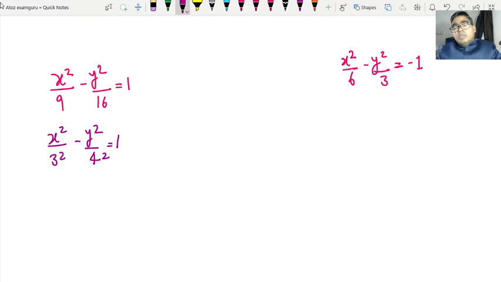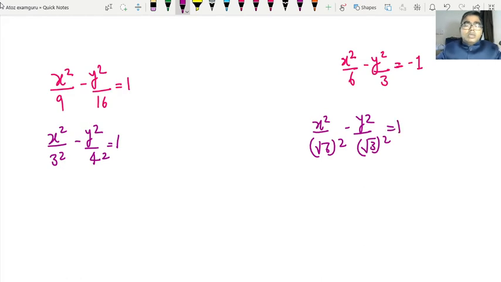And this can be converted into x square by root 6 square minus y square by root 3 square equal to 1. Right? So in this case, a equal to 3 and b equal to 4, and in this case a equal to root 6 and b equal to root 3.